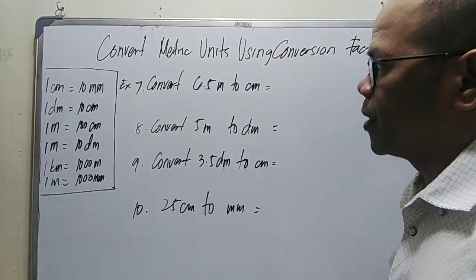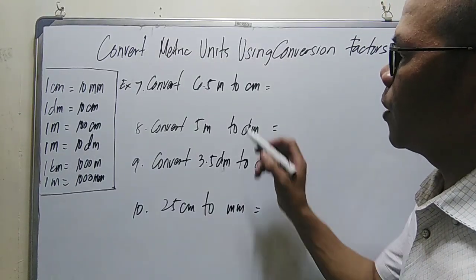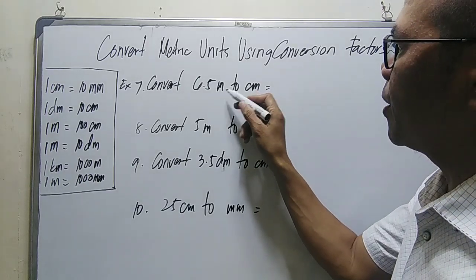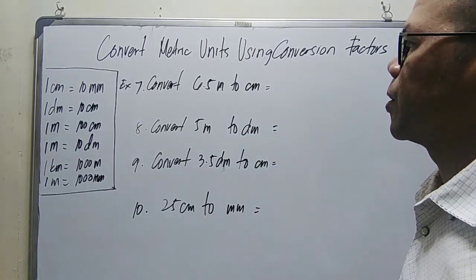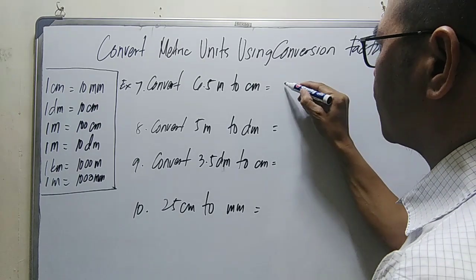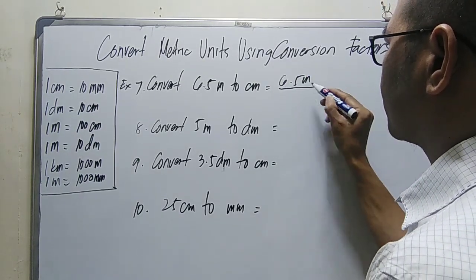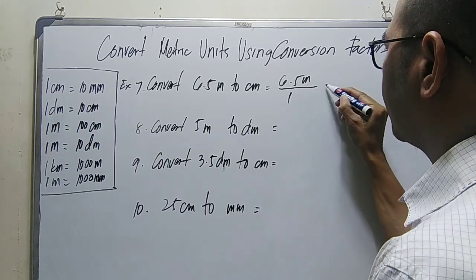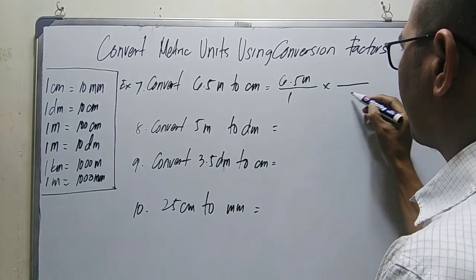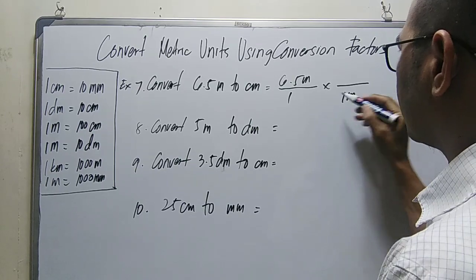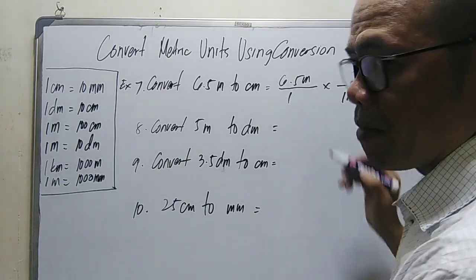Okay, number 7 example. Convert 6.5 meters to centimeters. So, ang gagawin natin dito, again, kupihin natin si 6.5 meters. Huwag kalimutan si units ha. Over 1 times. So, dapat 1 meter tayo dito kasi meters to centimeter tayo.